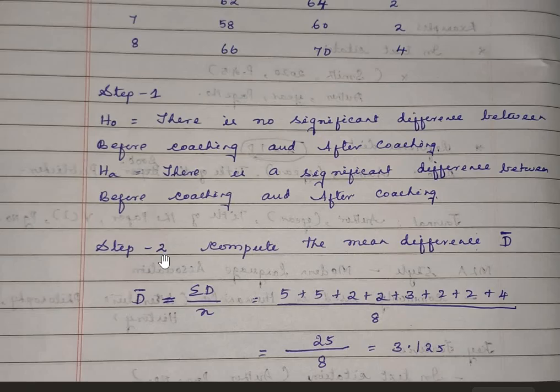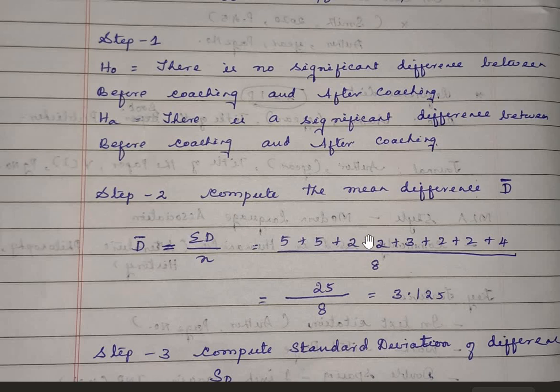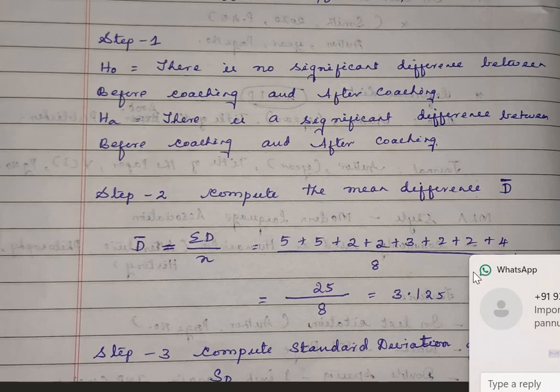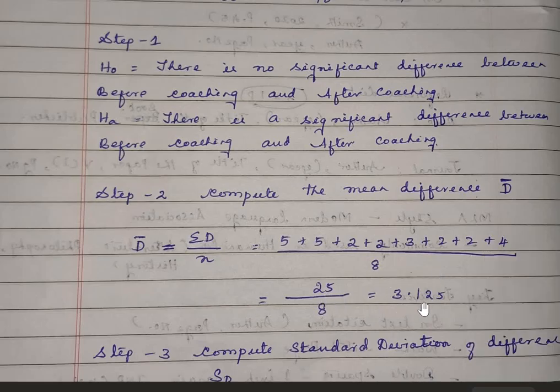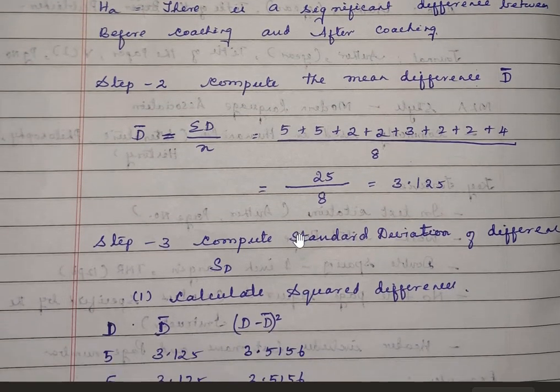Next, we compute t equal to average of capital D. Average of D is the summation of D divided by n. Adding the values in the column, we get 25: 5 plus 5 plus 2 plus 2 plus 3 plus 2 plus 2 plus 4. 25 divided by 8 gives 3.125. Next we calculate the standard deviation, because for the t value we need average of d divided by standard deviation divided by root n.